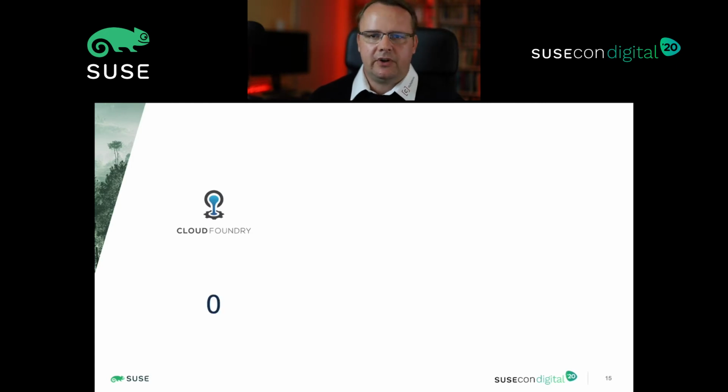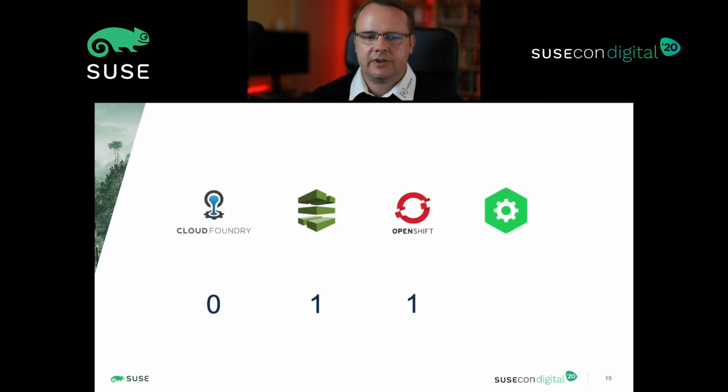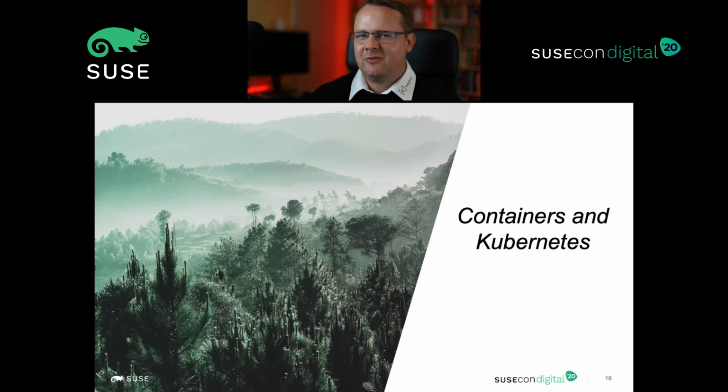So Cloud Foundry, therefore, just gets 0 points. The cloud vendors, Red Hat OpenShift, and SUSE Cloud Application Platform, they get 1 point each. The reason why I just mentioned Container as a Service was because I was actually already thinking about containers and Kubernetes.